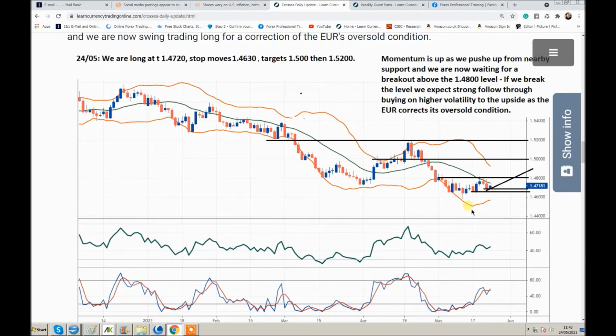Now we've already got a position in at 147.20. I've got a double bottom here as my first support, and a second support, just risking 90 pips. I expect us to go up to 148. If we can run 148, I think we should follow through to at least 150 and possibly 152. The CAD is just so overbought. So for us, a really decent looking risk to reward trade.